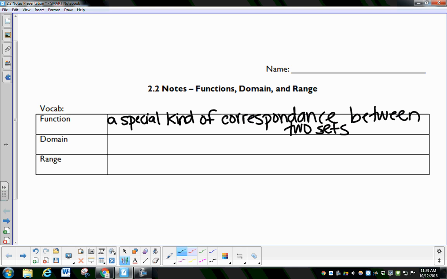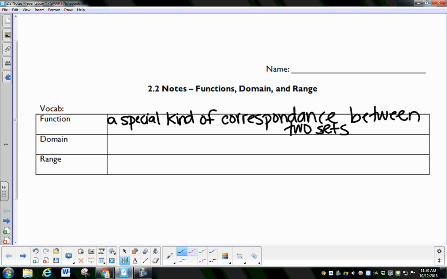So we learned how to write things in set notation. A function takes two sets and it tells us a correspondence between them. Usually we have thought of these as equations, like y equals 2x plus 1. That's a function. It tells me that you take a set of x and you assign it to a set of y, and you do certain things to it to get from one to the other.